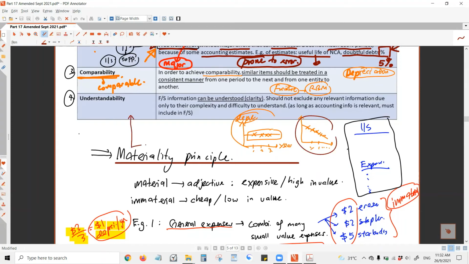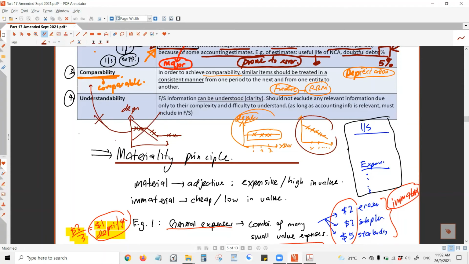Your graph could be looking something like this for depreciation. Maybe for the first few years you use straight line method, then all of a sudden you use reducing balance method, and then all of a sudden you use straight line method. So it is inconsistent. You are applying the depreciation method inconsistently. So this is not able to achieve comparability.